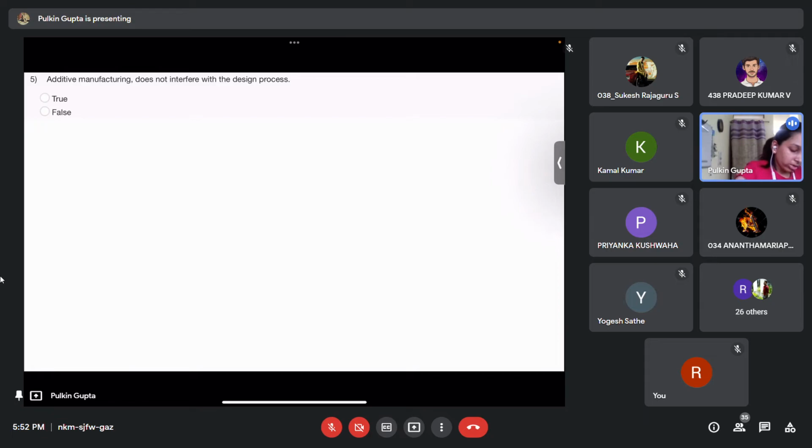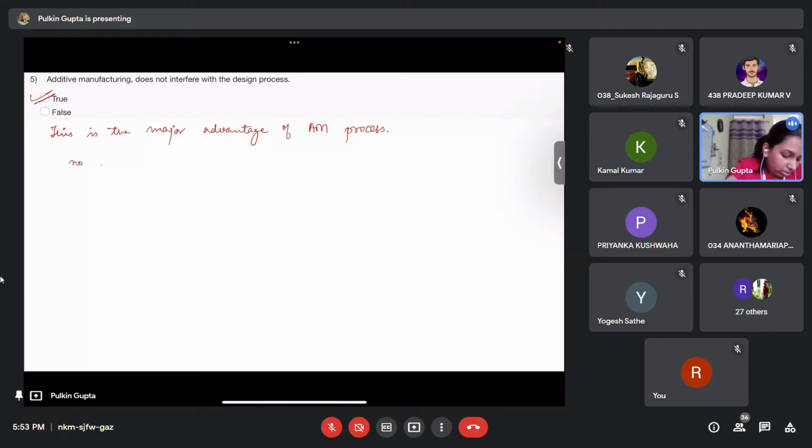So next question is, additive manufacturing does not interfere with the design process. True or false? This is true. This is the main advantage of the additive manufacturing process. It does not pose any kind of restrictions pertaining to the designs that we could process through it.